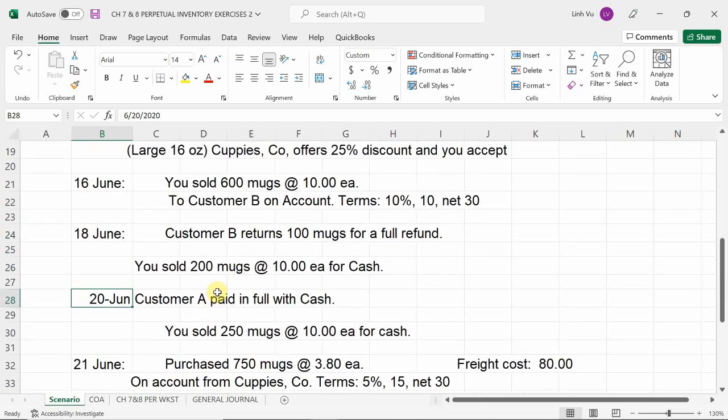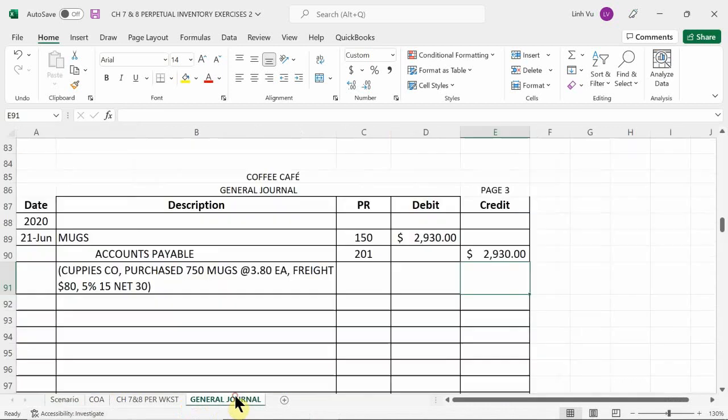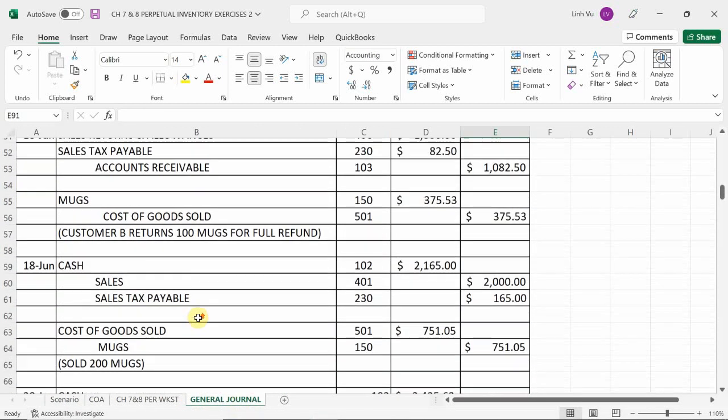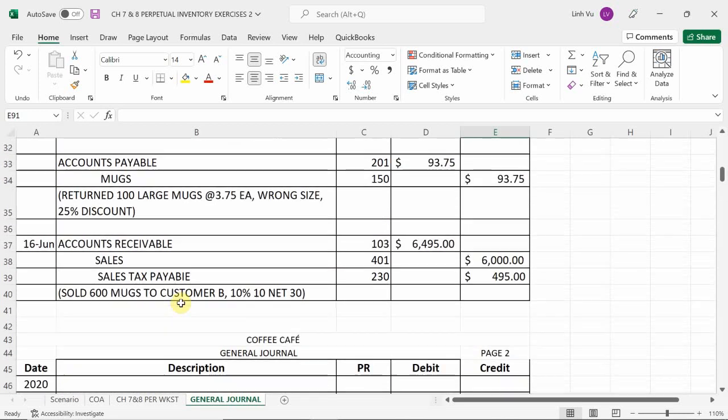So in this case, we are looking at a 10% discount. So let's take a look at what we charged customer B. Since we sold to customer B on the 16th of June, here it is, customer B. So we originally charged customer B a total of $6,495, right?